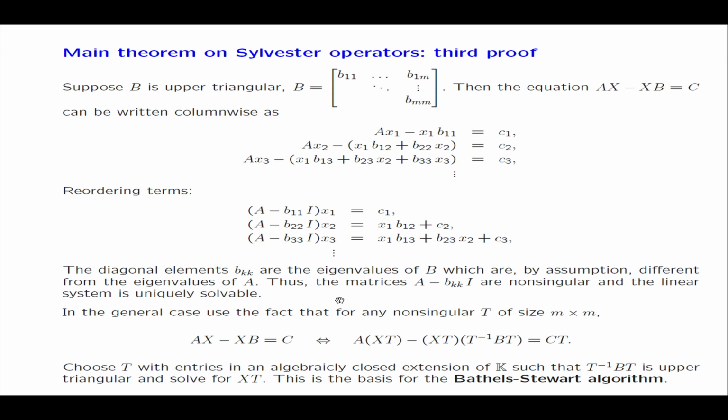But what can be done in the general case? In the general case, we have to transform this equation to an equation with a new B, which is upper triangular. Okay, and how can this be done?